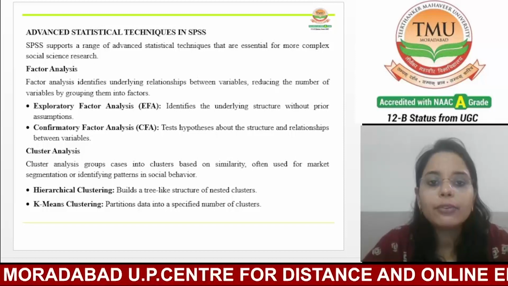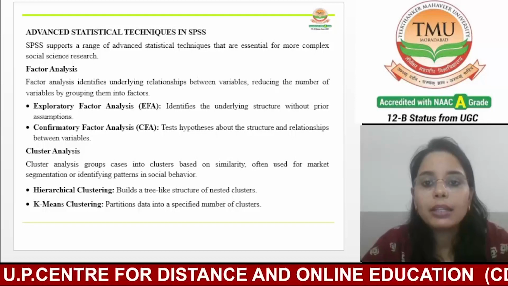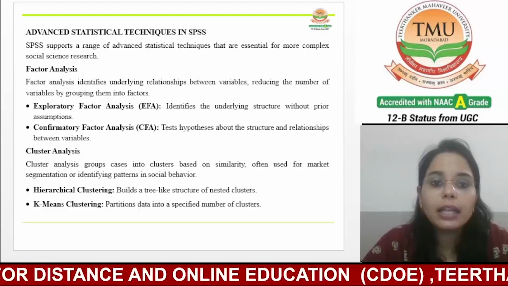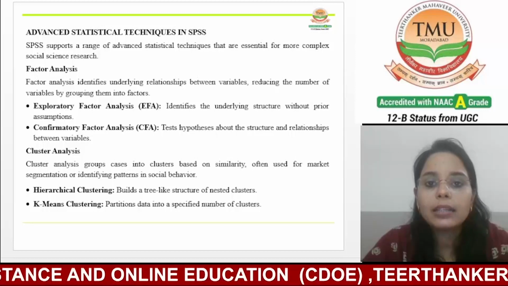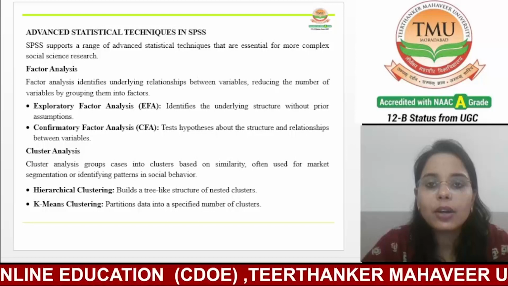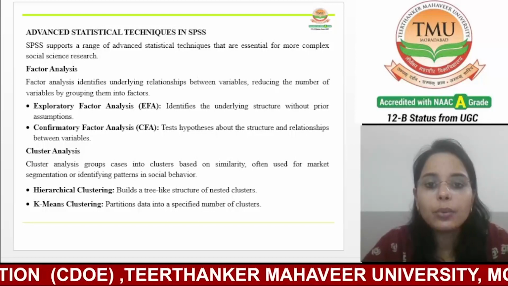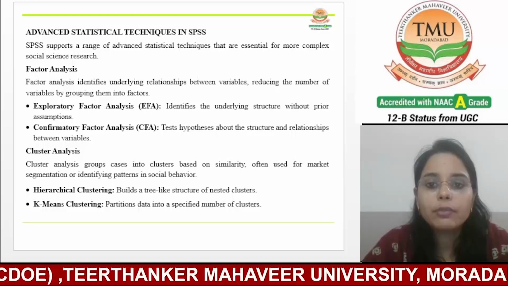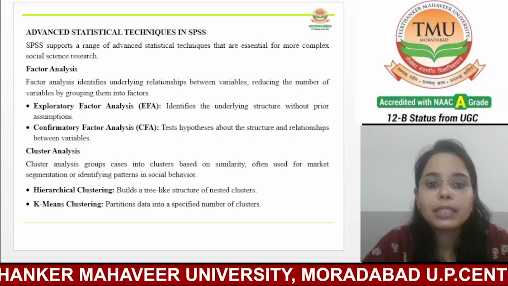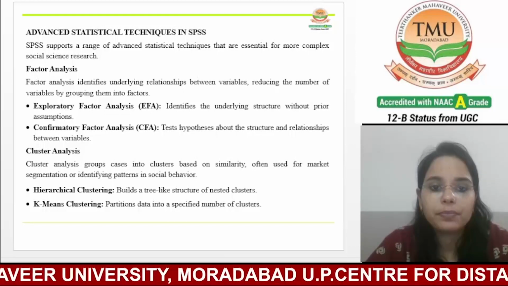Basically, EFA works by analyzing the correlation among the variables and grouping them into the factors that represent the underlying constructs. Each factor is a linear combination of the original variables, and the loadings of variables on these factors indicate the strength of the relationship between each variable and the factors.